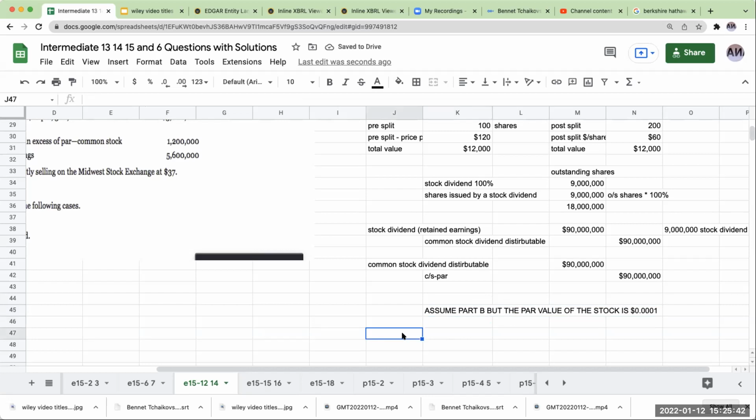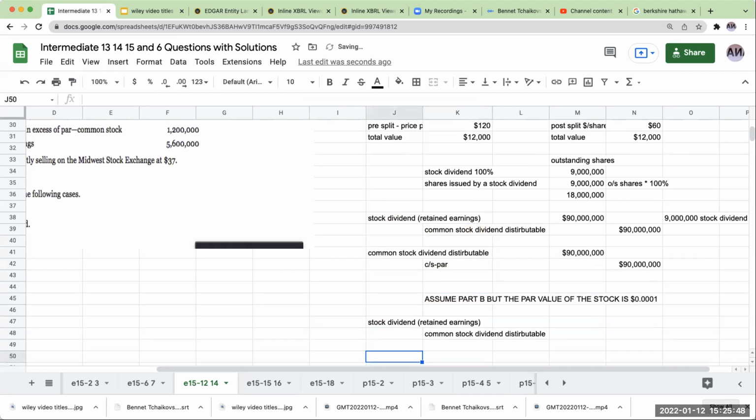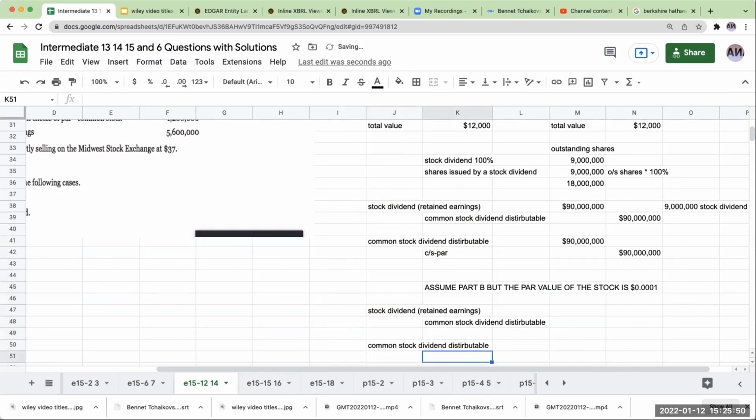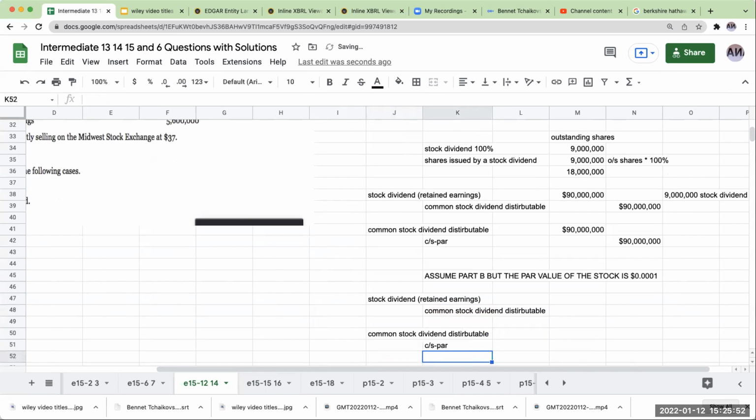If this in fact was the case, I would be debiting stock dividend, retained earnings, crediting common stock dividend distributable, and then crediting common stock at par. So this would be 9 million times 0.0001, or $900, which seems to be a little bit more reasonable.